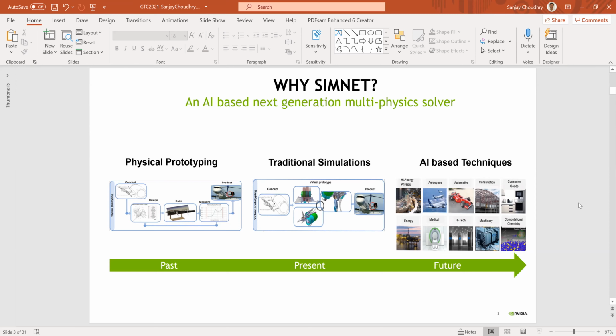And that's what makes it so exciting, to see something that can cover the gaps or paint the white space that exists because of traditional simulations.